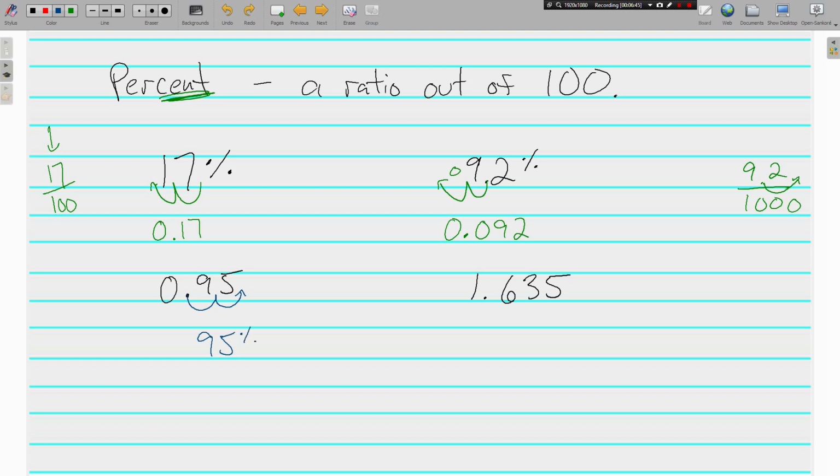And 1.635, or 1 and 635 thousandths. If we wanted the percent, we just move the decimal to the right twice, and we've got 163.5%. Okay, percents are ratios out of 100, and it's just moving the decimal point back and forth to go from decimals to percents.